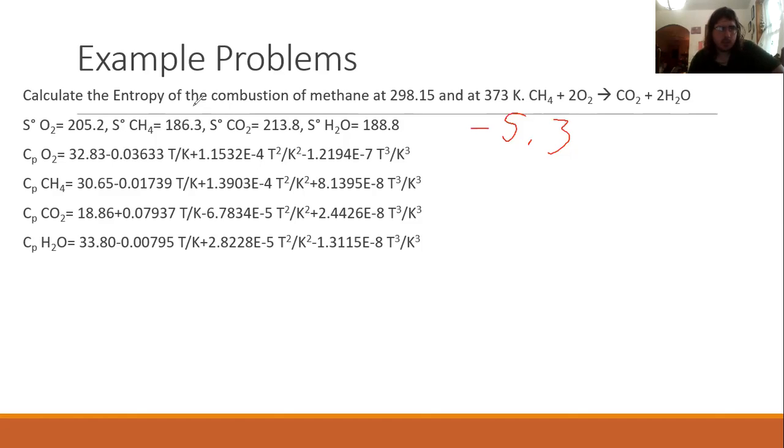So we're going to do each part in turn. 33.8 times 2 plus 18.86 minus 30.65 minus 32.83 times 2. Negative 9.85.